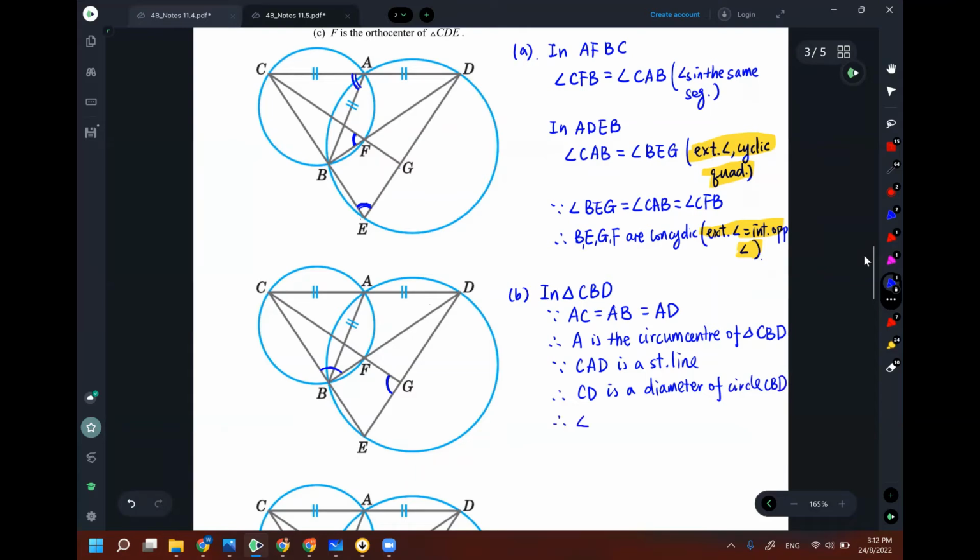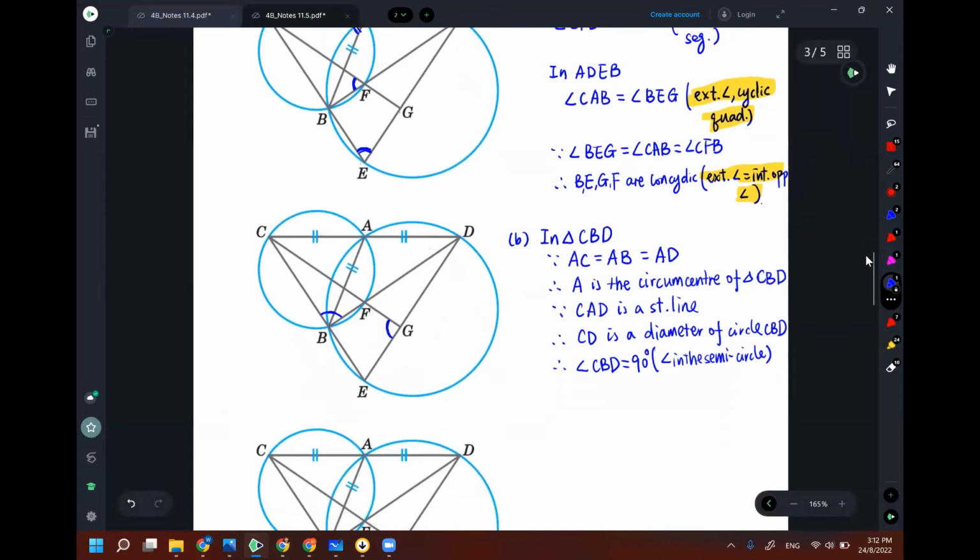Therefore, angle CBD equals 90 degrees. This is angle in the semicircle. Now this one is a little bit abstract because you must imagine there's a circle passing through C, B, D and centered at A. Just that. Then you get 90 degrees.